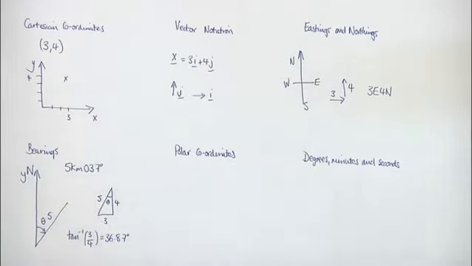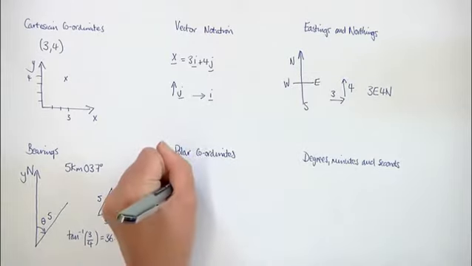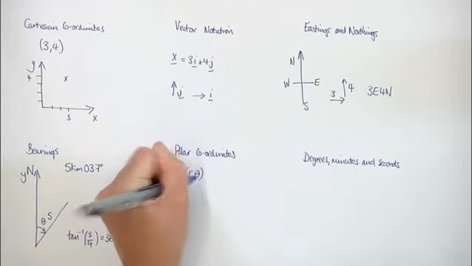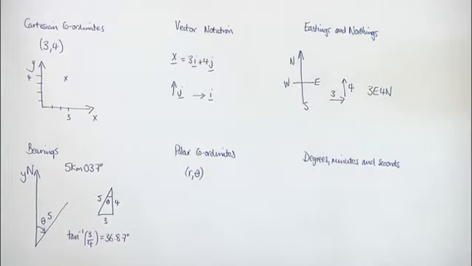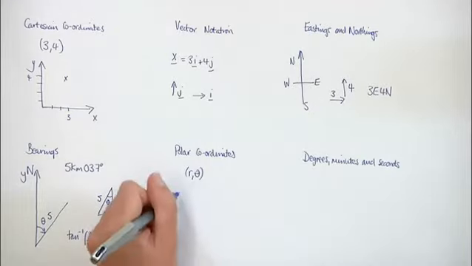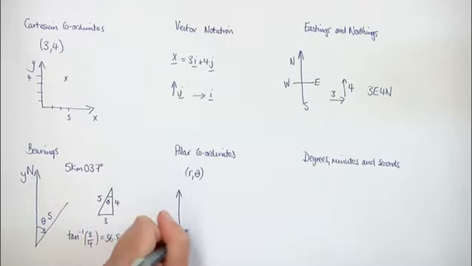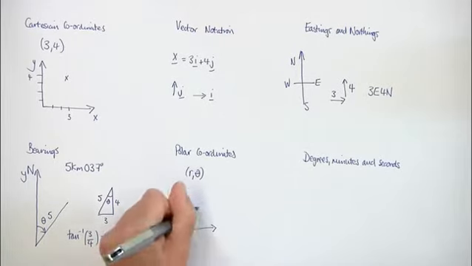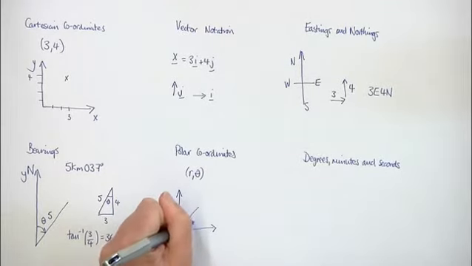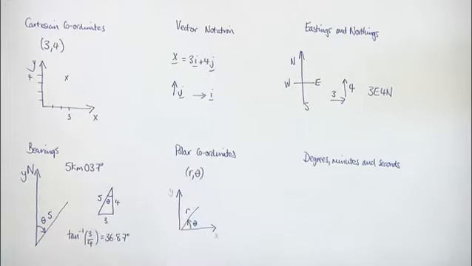Now let's write this in polar coordinates, r theta. Again, we need a distance from the origin and an angle. This time the convention is that the angle is measured from the x-axis in an anti-clockwise direction.